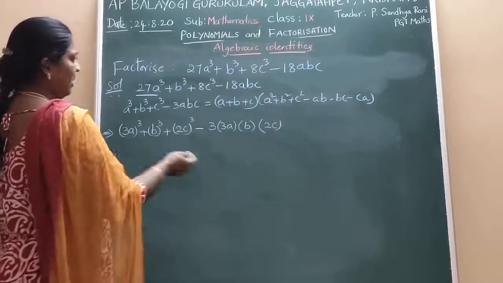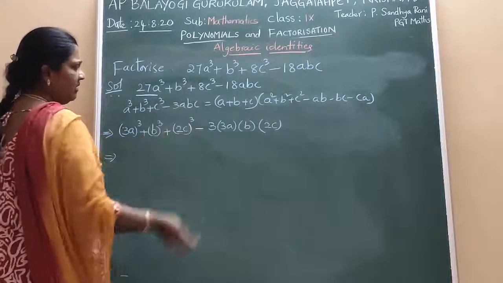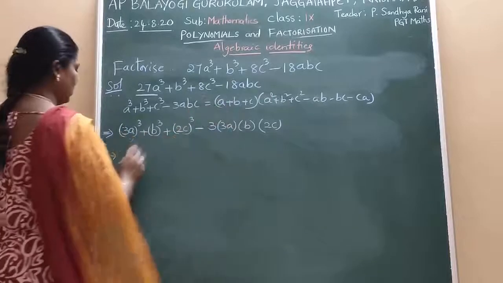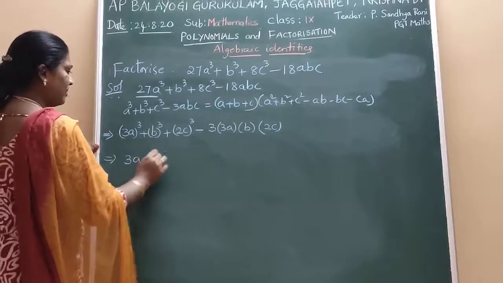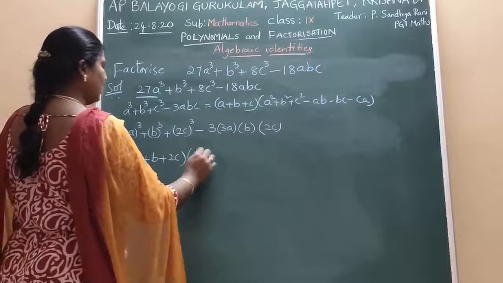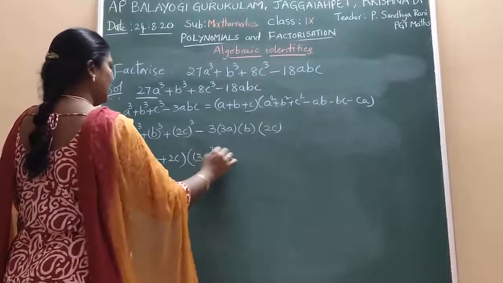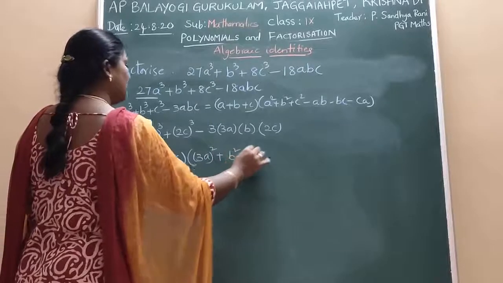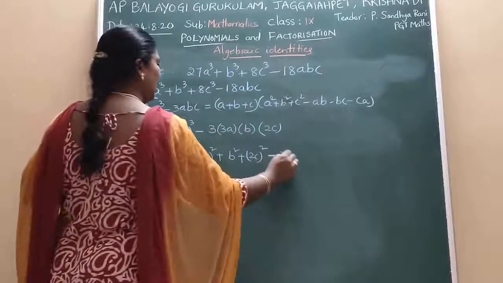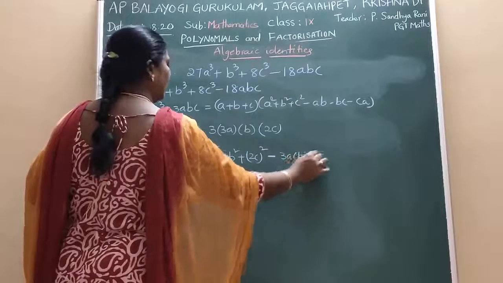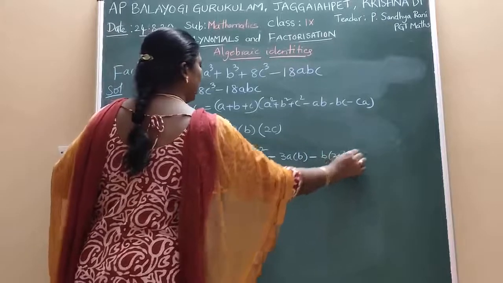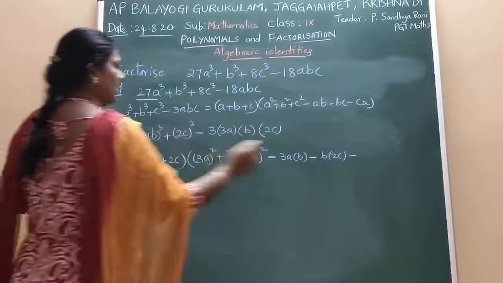So when compared to this identity, we can write it as a plus b plus c, that is 3a plus b plus 2c, into, next a square, that is 3a whole square, plus b square, plus 2c whole square, minus ab, that is 3a into b, minus bc, that is b into 2c, minus ca, that is 2c into 3a.